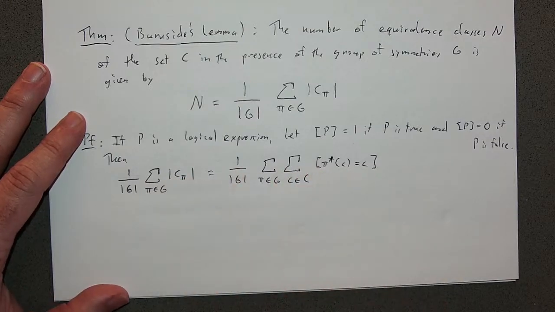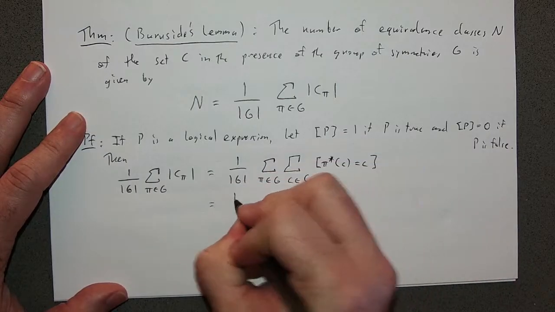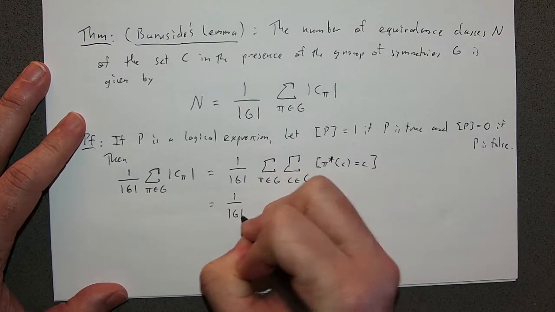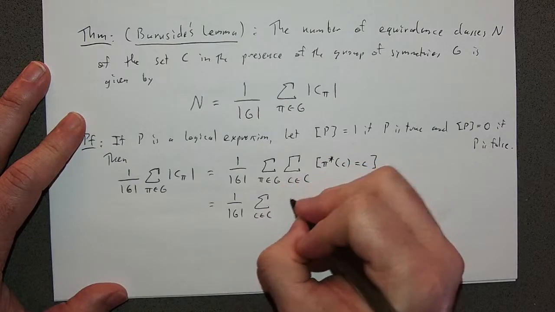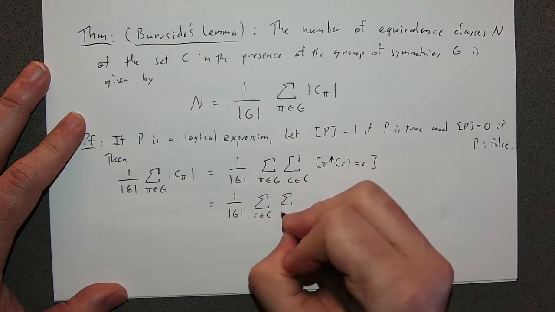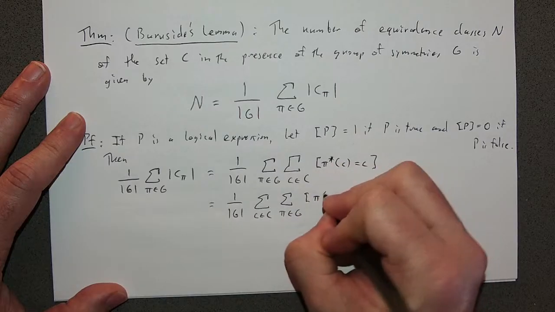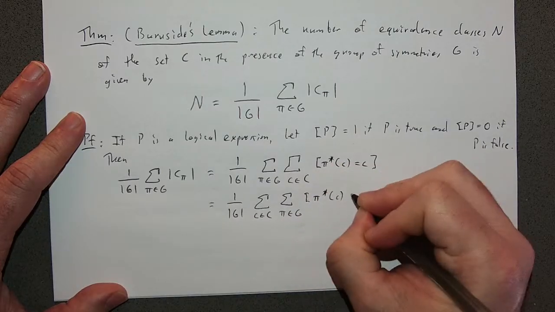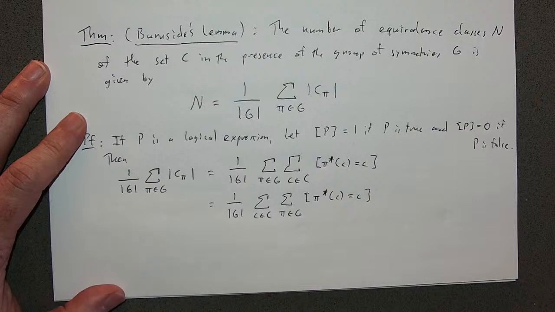Okay, so that's what's going on here. Now, of course, I can swap the order of this summation. This equality holds, so I can swap the order of this summation, and this still makes sense.